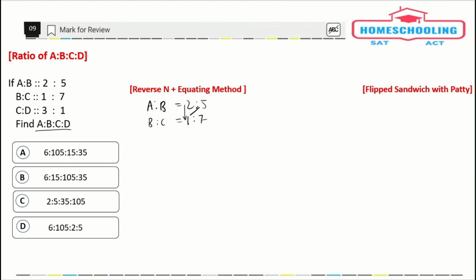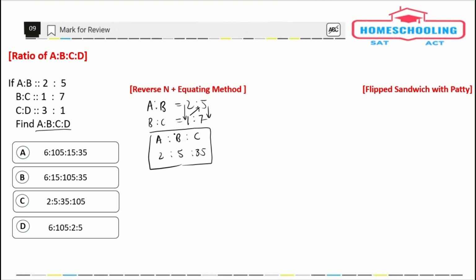From this we can write A is to B is to C: A is 2 into 1, B is 1 into 5, 5, and C is 5 into 7, 7 5s are 35. So this is A is to B is to C.